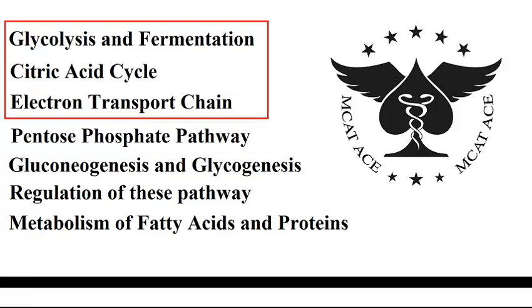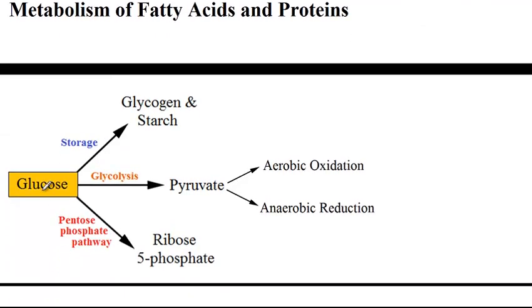Alright, so now let's start with glycolysis. Here I'm showing you the fate of the glucose, the main pathways that it will have to go through. And if you know these pathways, you know this lecture pretty well. So for the first part of this lecture, we are going to cover glycolysis, how glucose will be broken down into pyruvate, and then depending on the availability of oxygen, pyruvate can undergo aerobic respiration through the tricarboxylic acid, citric acid or Krebs cycle.